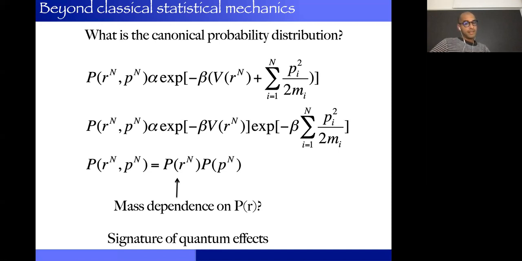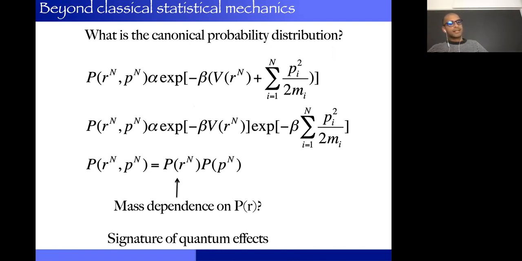So the probability of finding the system at a particular set of positions and momenta is proportional to e to the minus beta times potential plus kinetic energy. Okay, that's the statistical weight of the system.